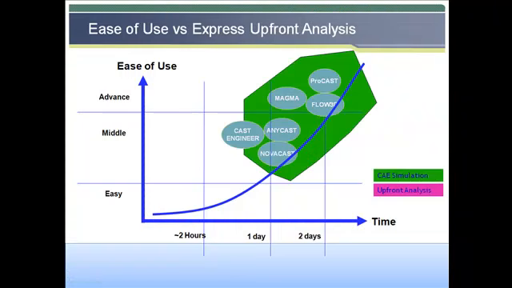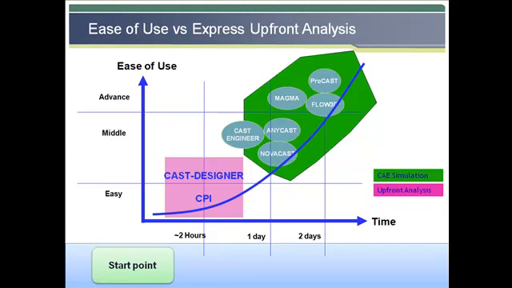Now, we compare Cast-Designer CPI with traditional CAE systems. Generally speaking, Cast-Designer CPI is faster and simpler than traditional CAE software, but the simulation result is at a similar level. At first, we look at the start point of the system. Traditional CAE systems need a perfect CAD geometry with completed riser, gating system, cooling system and mold.